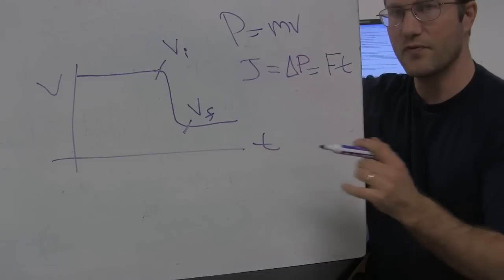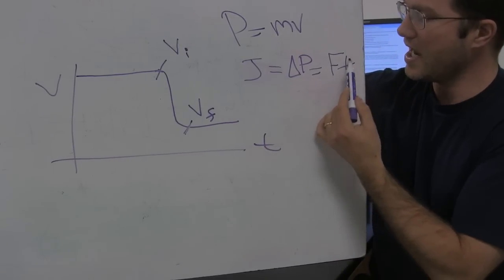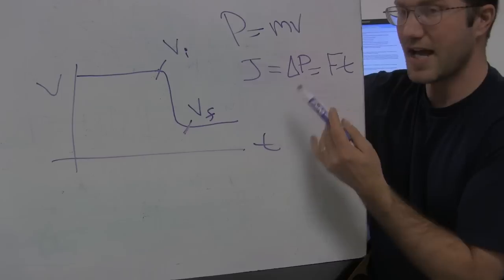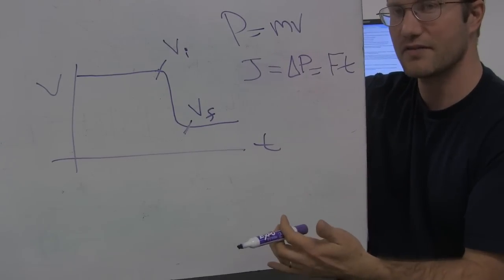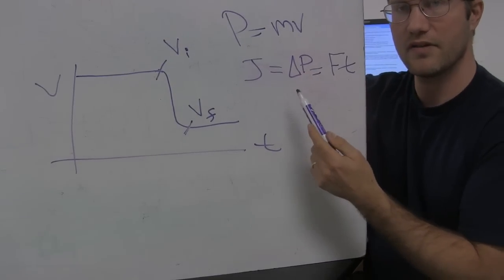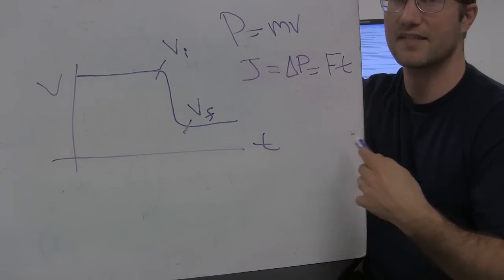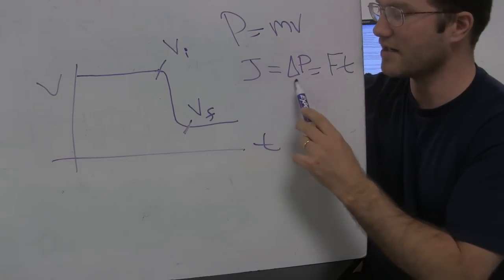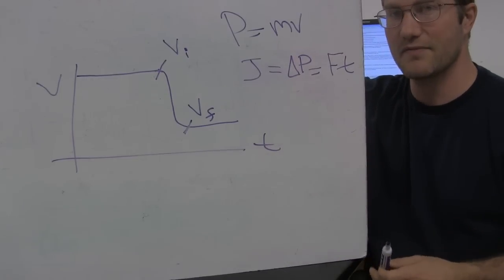And of course they experience the same delta t, the same time of collision because they're colliding with each other. So what that tells me is the change in momentum of the first cart has to equal in magnitude the change in momentum of the second cart. Delta P is going to be the same for each.